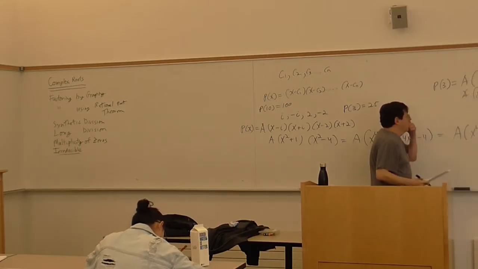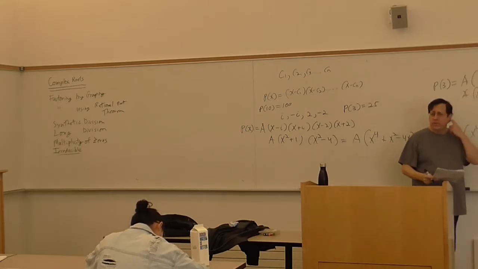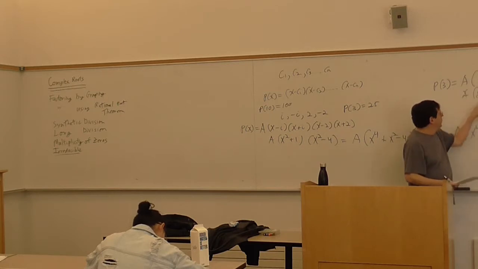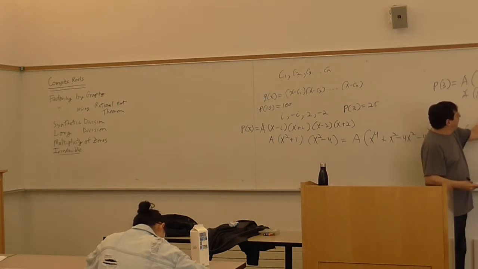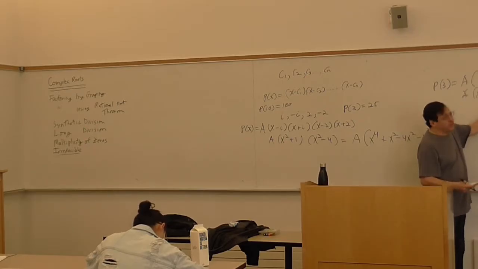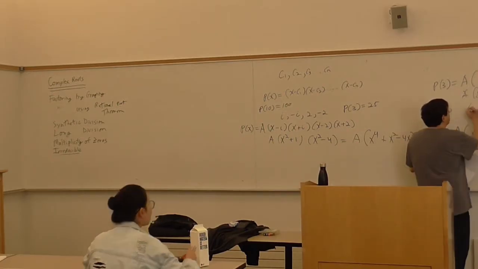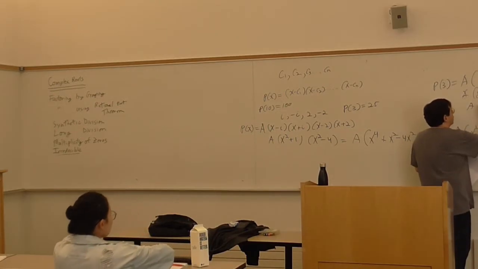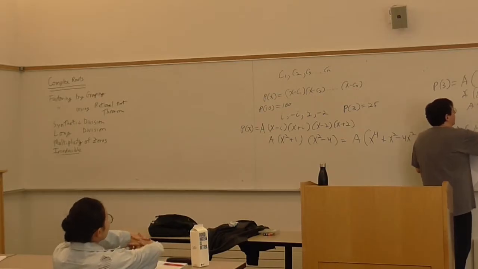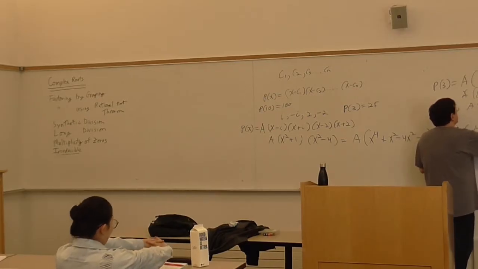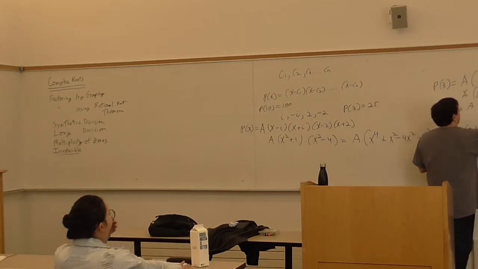Now, you could do this the hard way. You could subtract 27 from 81, and then you'd have to carry and figure it out. But if you add negative 27 and negative 4, you get negative 31. That makes it a lot easier. It says a times 81 minus 31 is 50a, and we know that's equal to 25.